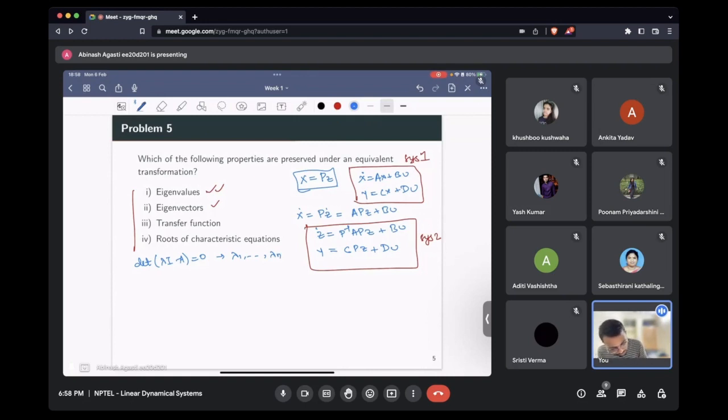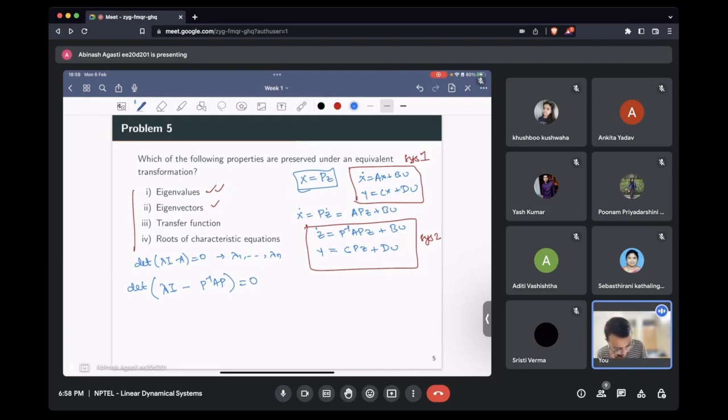Then for the new system, we take determinant of lambda I minus P inverse AP equal to 0. I want to solve this to find out whether the eigenvalues are the same or not.